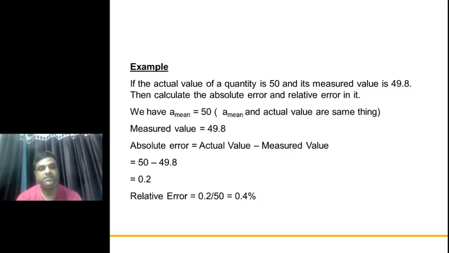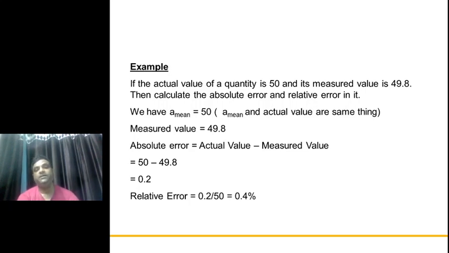So we start this lecture with the first example. If the actual value of a quantity is 50 and its measured value is 49.8, then calculate the absolute error and relative error. A very simple example.